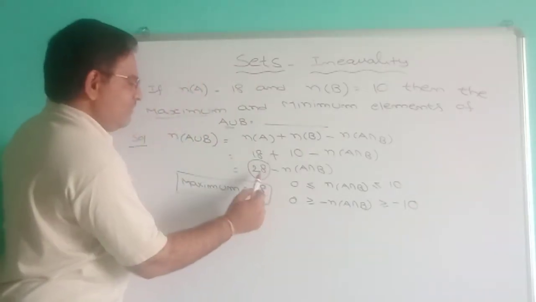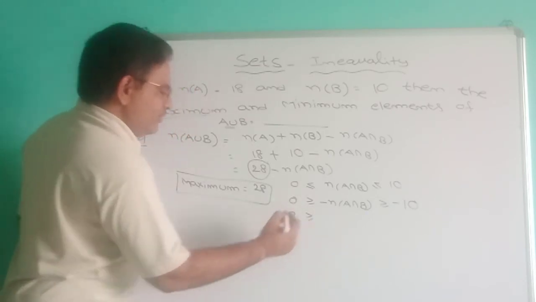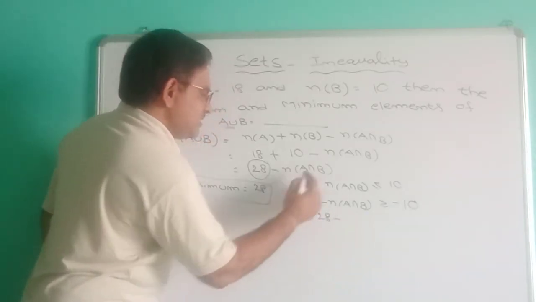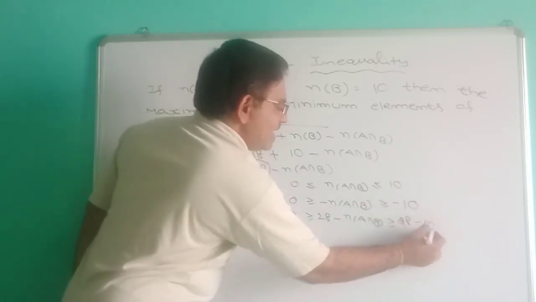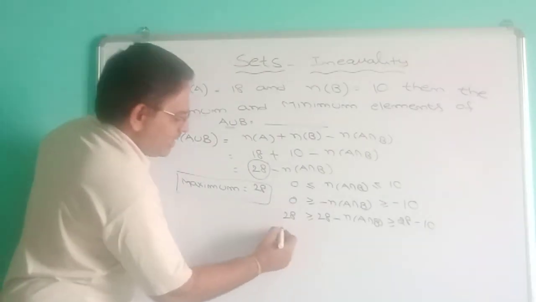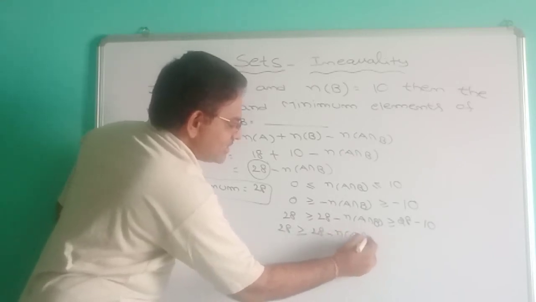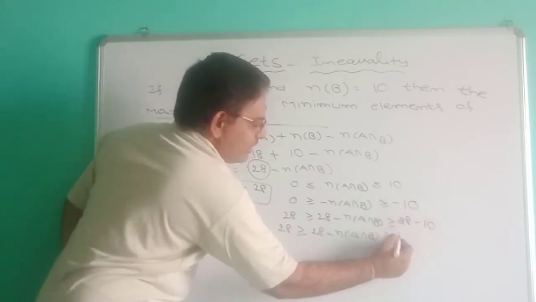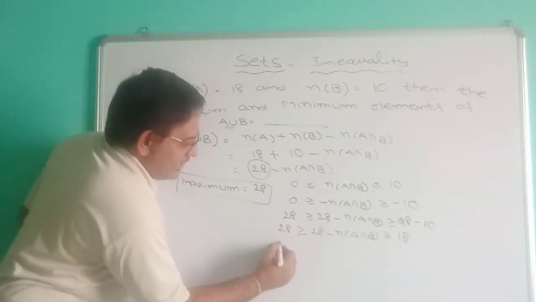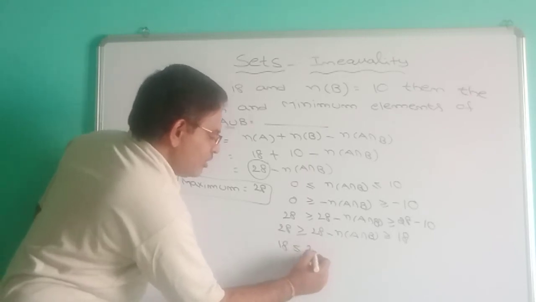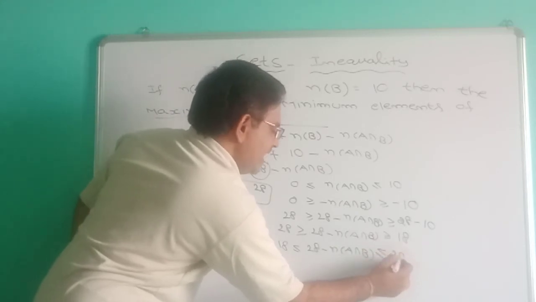Now add 28 on all sides: 28 is greater than or equal to 28 minus n of A intersection B, which is greater than or equal to 28 minus 10, that is 18. Written the other way, 18 is less than or equal to 28 minus n of A intersection B, which is less than or equal to 28.